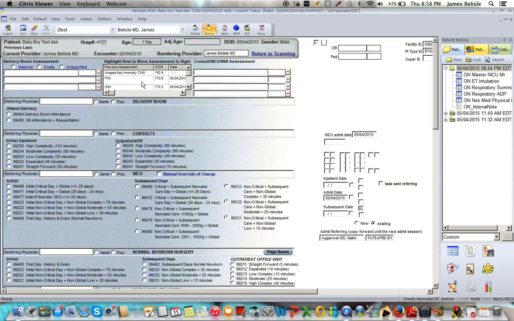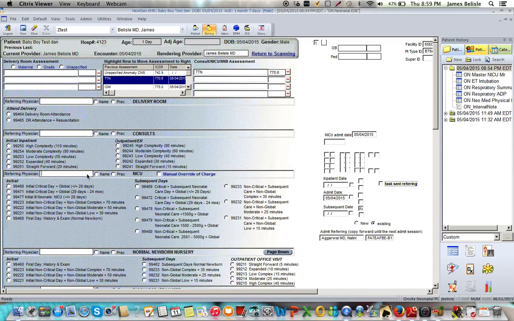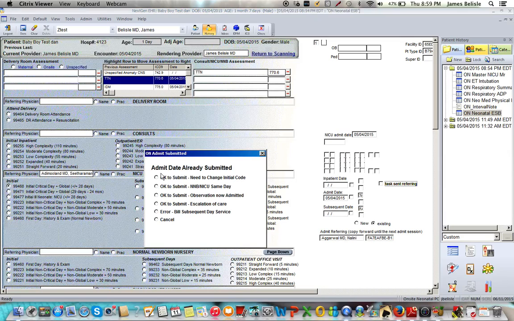Okay. And here you have to put your TTN, and this referring physician is required. And we're going to give it here. And it says I've already submitted something, but guess what? He got sicker and I had to do a lot of things to him, and it's okay to submit.